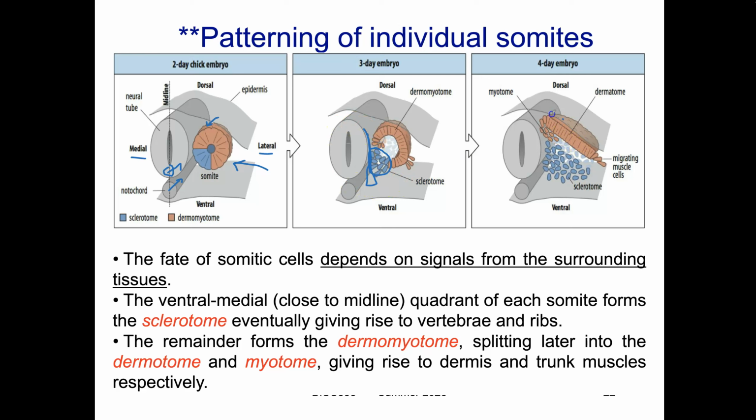And then the remainder of it kind of flattens out and widens, and then it forms the dermamyotome. The myotome, the cells will start migrating away to form muscle, and then the dermatome is like a disc kind of underlying the skin there. Okay, so this is physically what it looks like, with the sclerotome changing first and just detaching, and then the dermamyotome forming, and then later those separating.